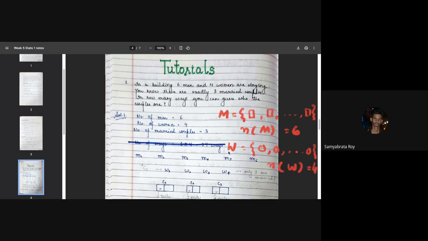Number of married couples. So suppose this is an ordered pair, this is another ordered pair, and this is another ordered pair. So for the first couple, how many choices do I have for the man?